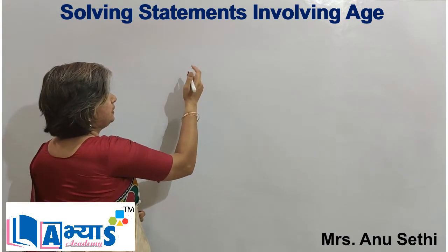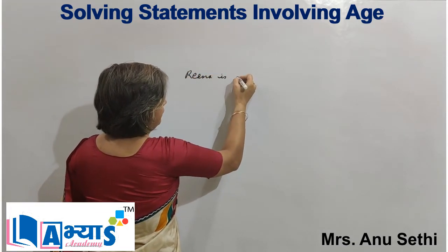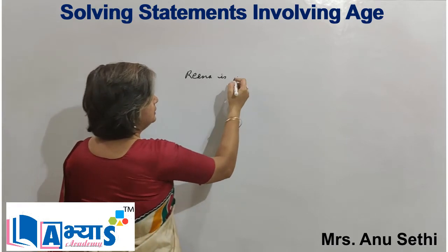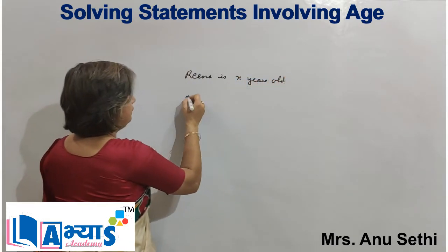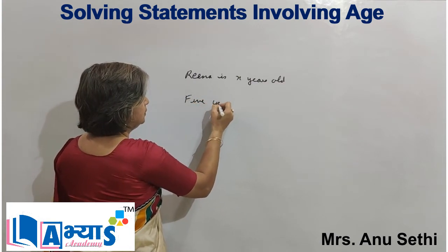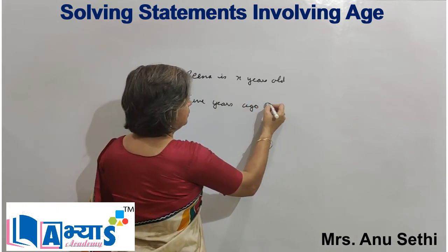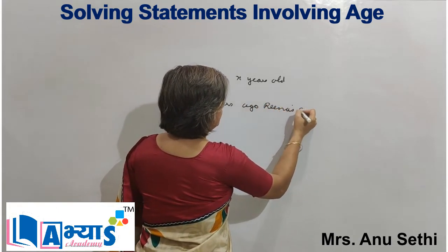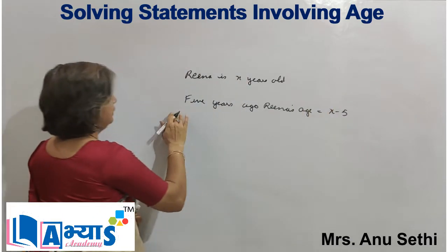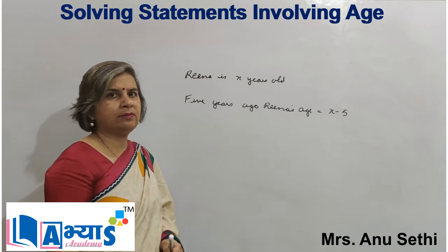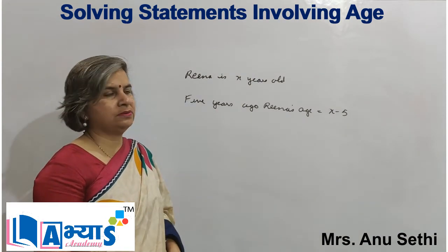Suppose it has been given that Reena is x years old. Then 5 years ago, Reena's age was x minus 5, because we are considering the age some years before, that means ago. 5 years ago Reena's age was x minus 5.